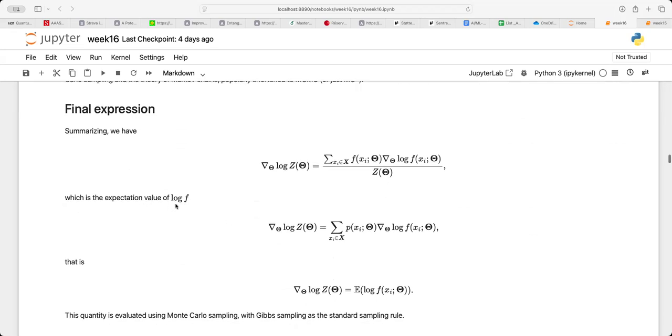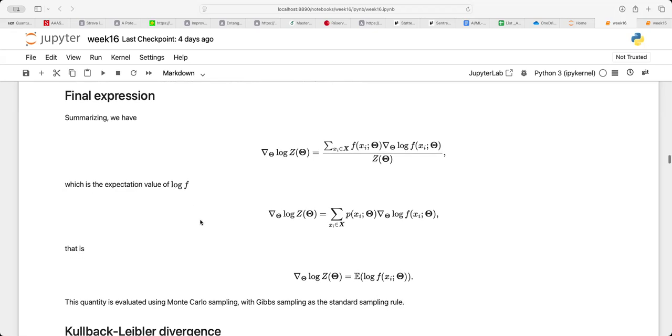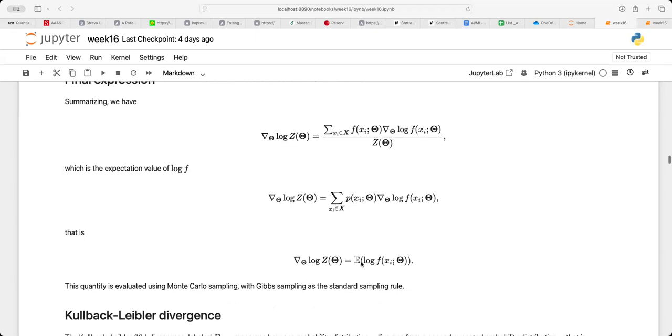So this is the expectation value of log f, if you look at this one. So that means that the derivative with respect to the parameters of log c is actually the derivative, because this one divided by that one is my probability. So this is nothing but my stochastic expectation value.